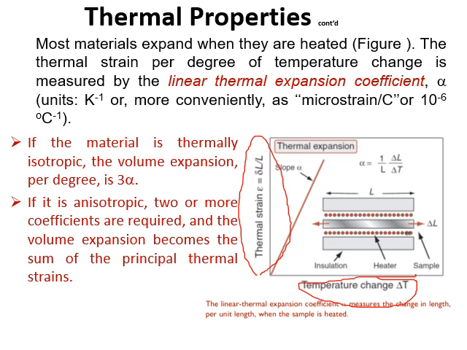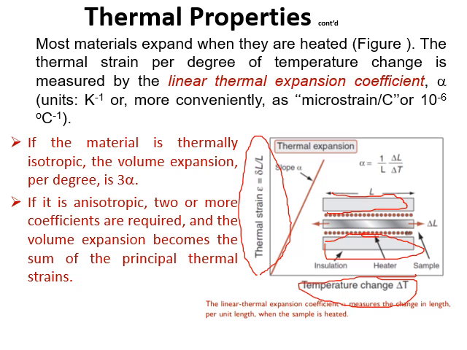So here you put the sample right in the middle between the heater. The red dot is the heater, and you have the insulator covering all over, and then you heat the sample and observe the increase of length of the sample itself.